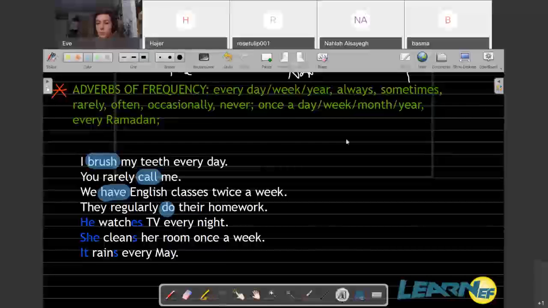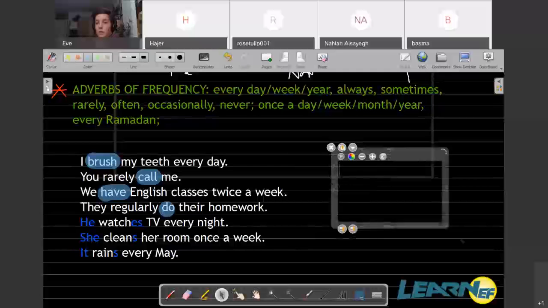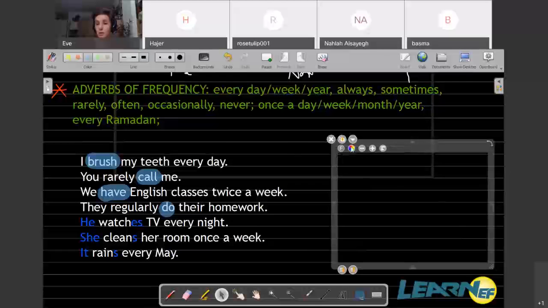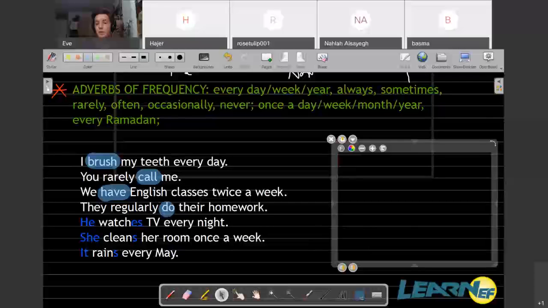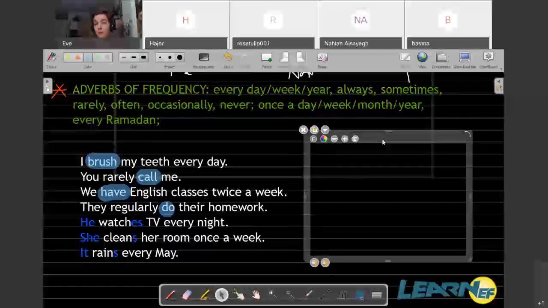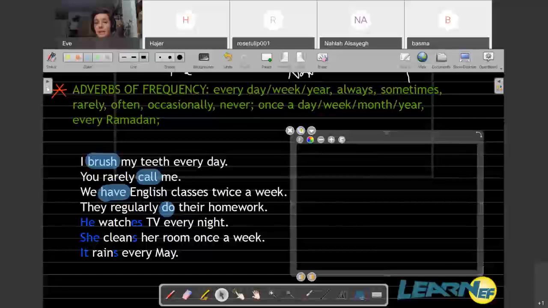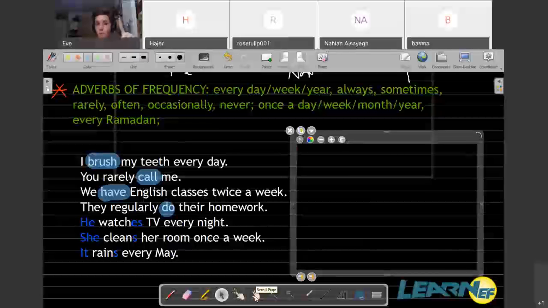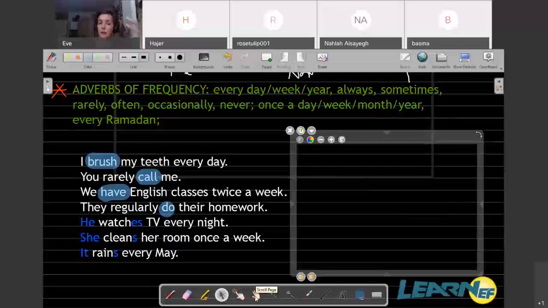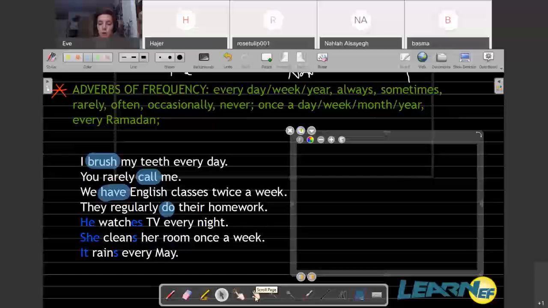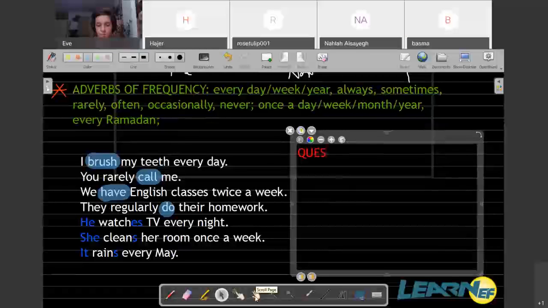Okay. Before we continue, I'm just going to quickly explain how we make questions. Questions and negatives include auxiliary verbs. Auxiliary verb means a helping verb, because in cases such as present simple, when we only have one main verb, we need help to make questions.